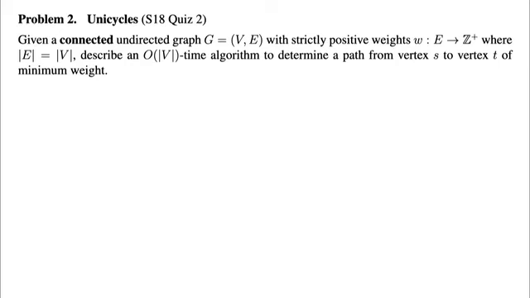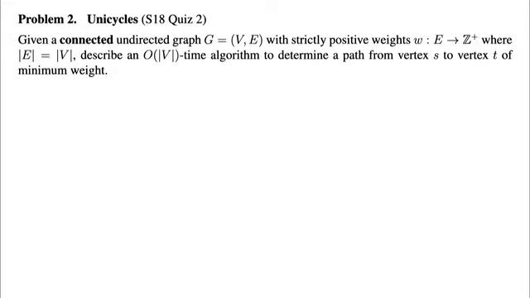It's been reworded a little bit from spring 18 so that I could point out some other features of this graph. We're given a connected graph, and connected is in bold, so that might be an important property of our graph that we're trying to communicate to you. A connected undirected graph with strictly positive edge weights, right?